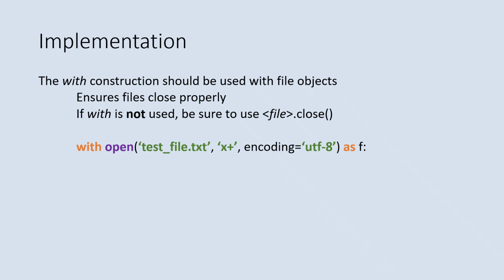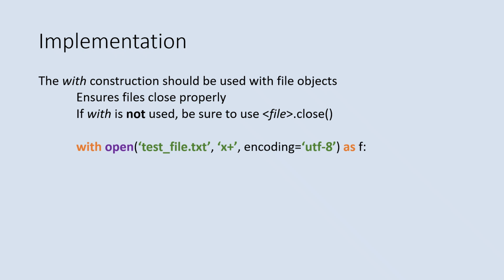We've opened it in x+, which means that if there's already a file with this name, it won't open, but if there is not a file with this name, then it will open it for writing and reading because of the plus. The encoding we've specified to be UTF-8, and we're going to call the file f. That's just a name we've chosen to represent this particular file. You can use any valid Python name here.